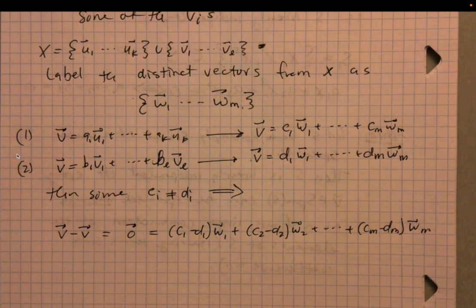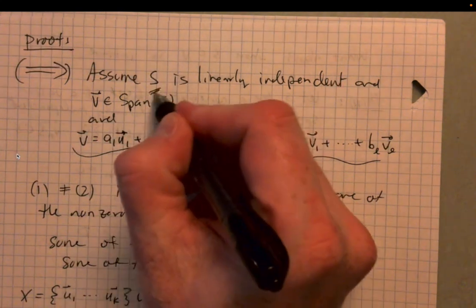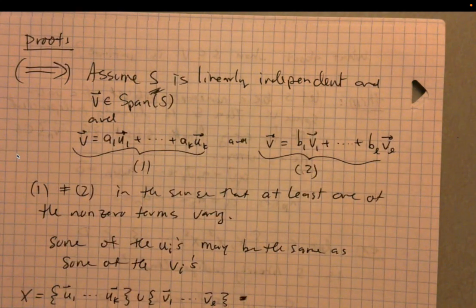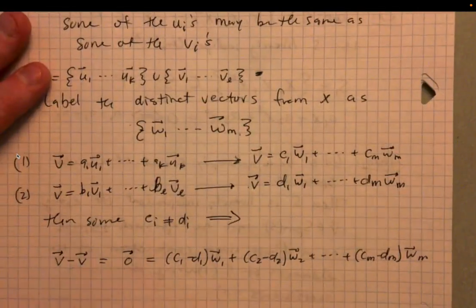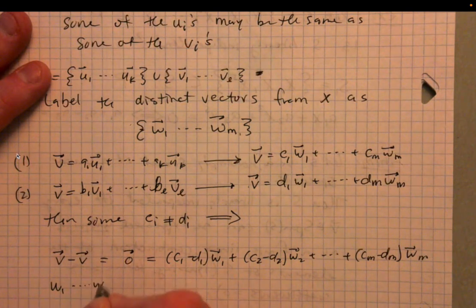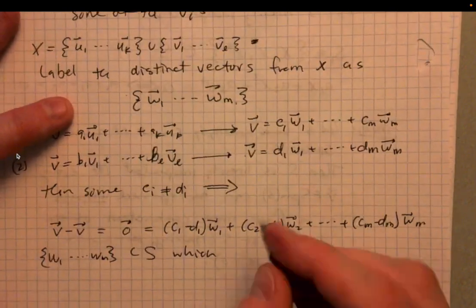Well, they come from S, right? They come from S. S is what? S is linearly independent. So w1 dot dot dot wm is a subset of S, which is linearly independent.